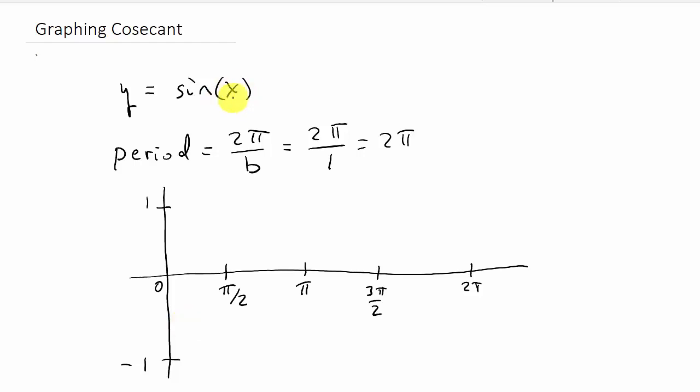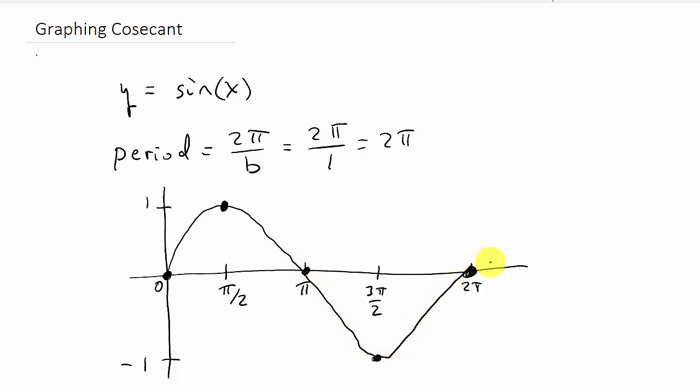Alright, so what we know about the sine, once we break it up into these intervals, is that the sine function starts out at 0, and then it goes to its maximum, and then it goes back to 0, and then it goes to its minimum, and then it goes back to 0.